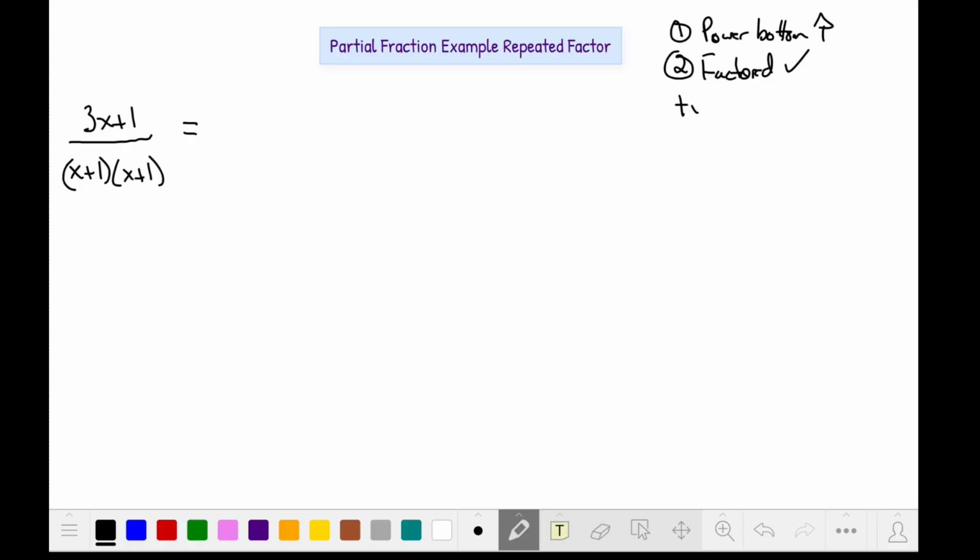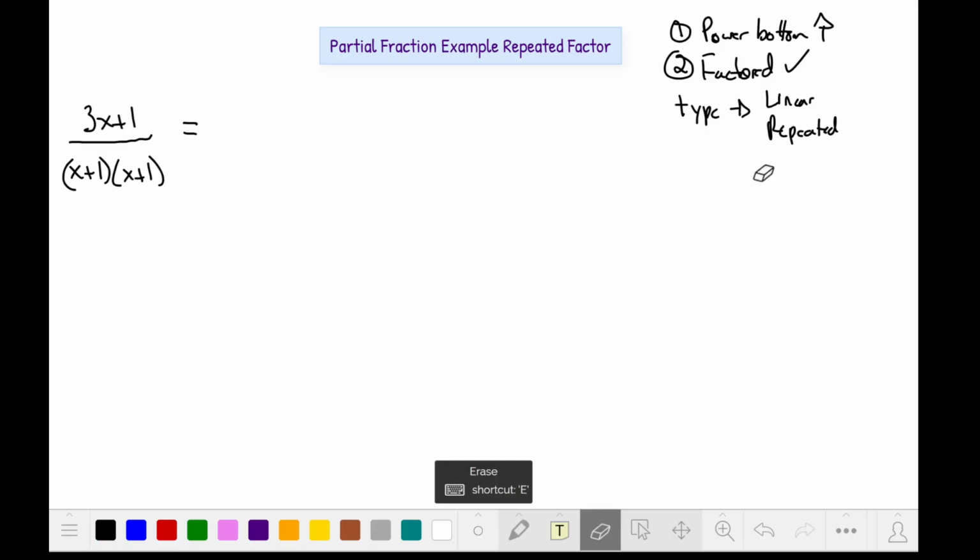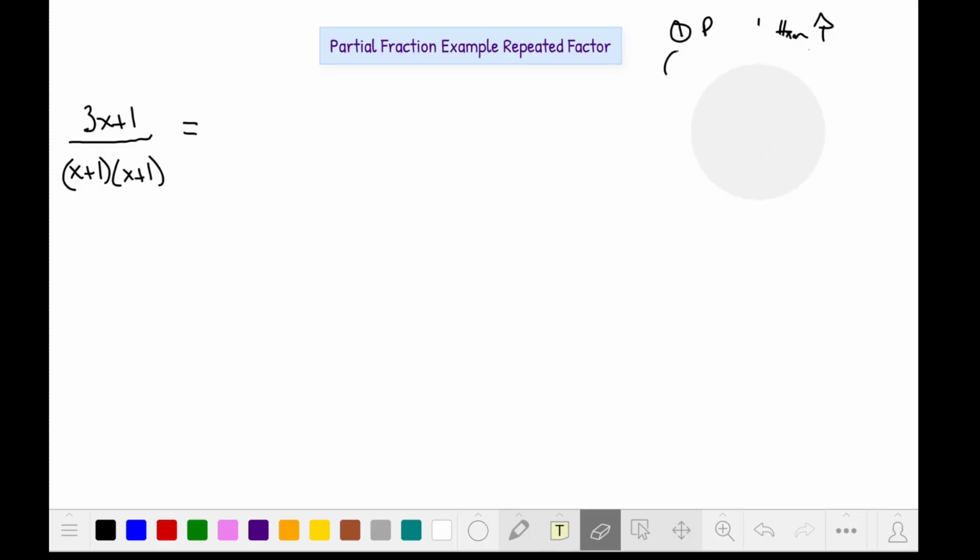So the type is linear because the biggest power of x as a factor is just 1, so it's linear. And then the second type, is it repeated? And in this case, yes, it is repeated. So there's a couple of questions we have to ask ourselves when we're first doing partial fractions, and then once those questions have been answered, we can run off and do a whole bunch of algebra, which everyone loves to do.